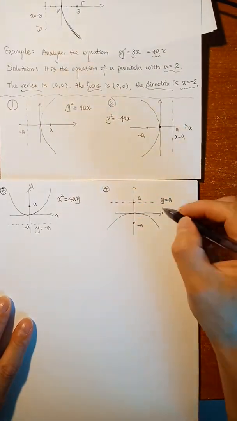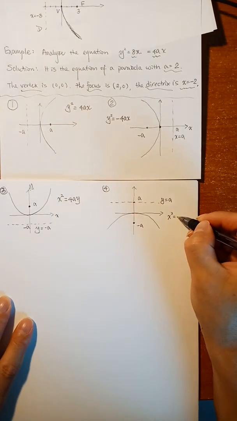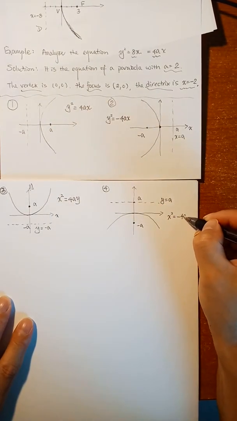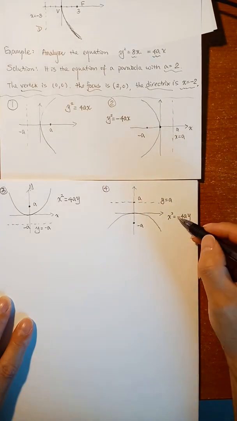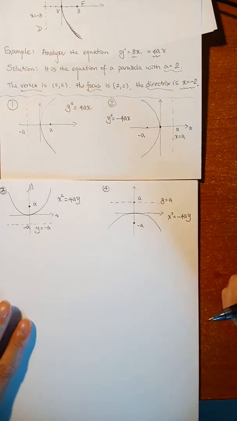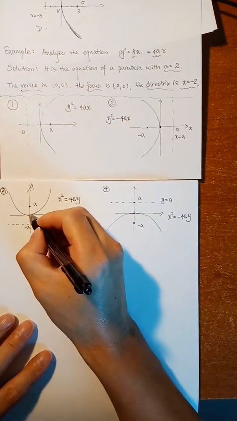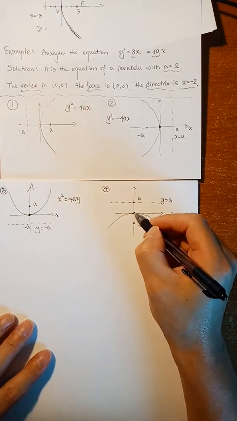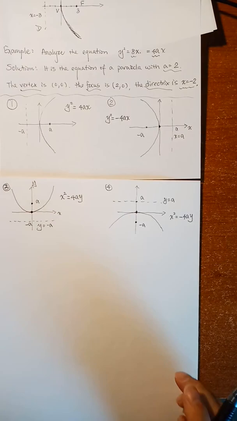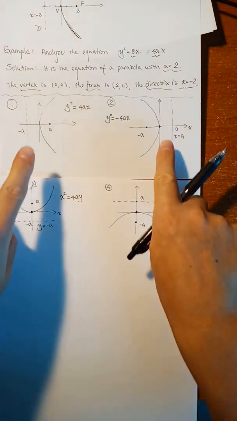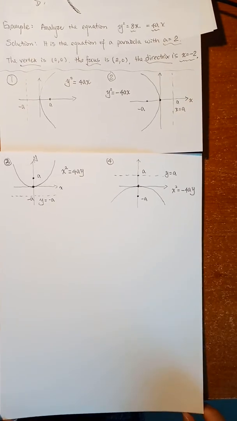In this case, the equation is x squared is equal to negative 4ay, because it's open to the negative y direction. Okay, and all four cases, the vertex is always (0, 0). Vertex never changes in all four cases. We only change the focus and the directrix.